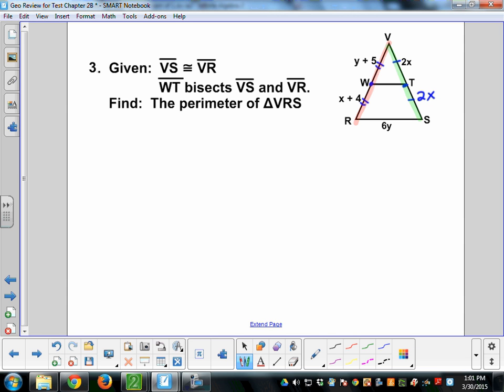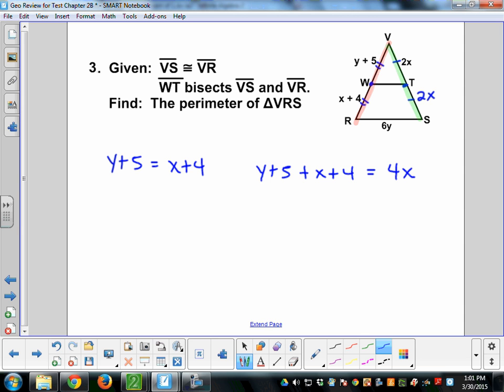So based on those two things, I can write two equations. I know that y plus 5 and x plus 4 are equal. And I also know that y plus 5 plus x plus 4 equals 4x.